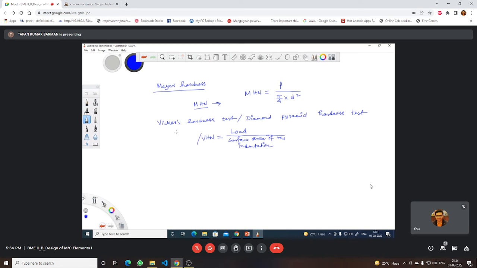Also, it is called DPH, diamond pyramid hardness number. So here also we use the surface area of the indentation to calculate this.